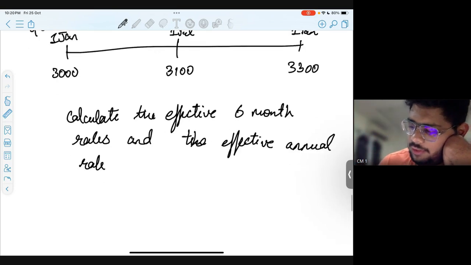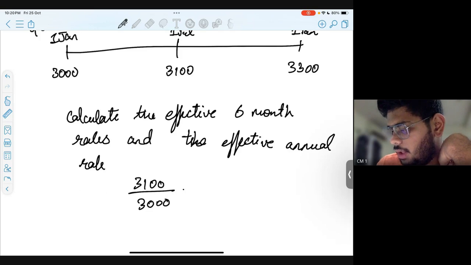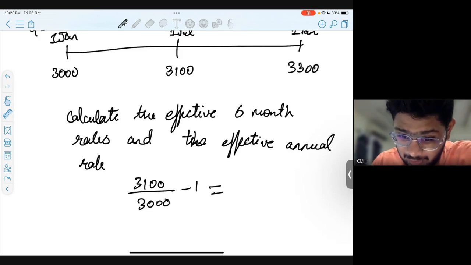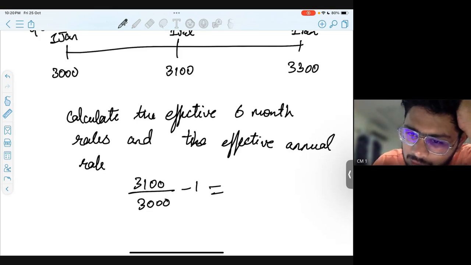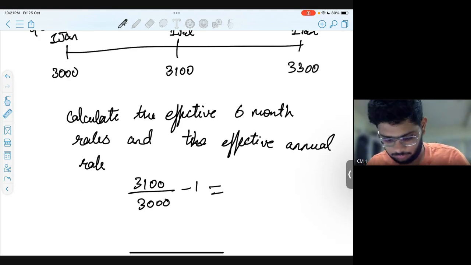फर्स्ट 6 मंथ्स का इफेक्टिव होगा 3100 अपॉन 3000 minus 1. As simple as that. 1.653%? Are you saying 1.653%, खुशी? नहीं.